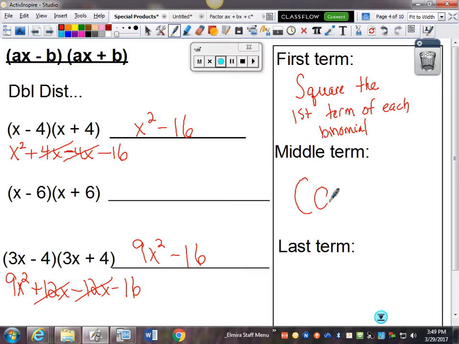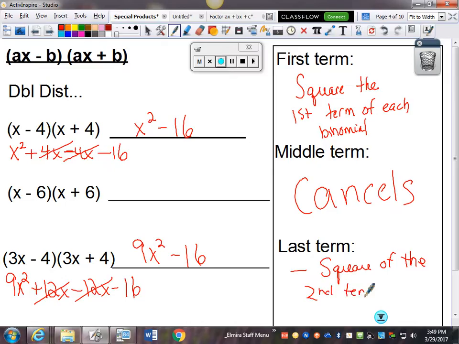Middle term cancels. And the last term is the negative square, or subtract the square of the second term of the binomial.